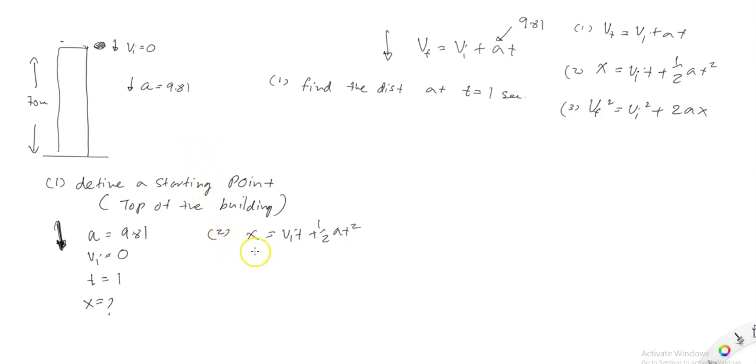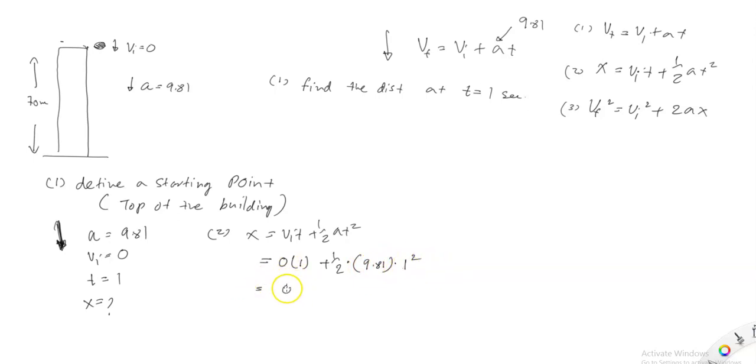Alright, so x equals v initial 0, time is 1 second, plus half times gravity. It's positive because the speed is increasing, we can take it as a positive 9.81 and 1 squared.